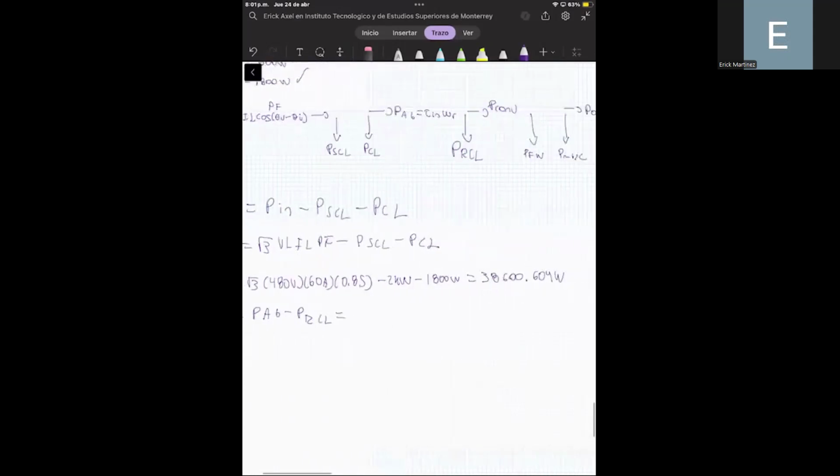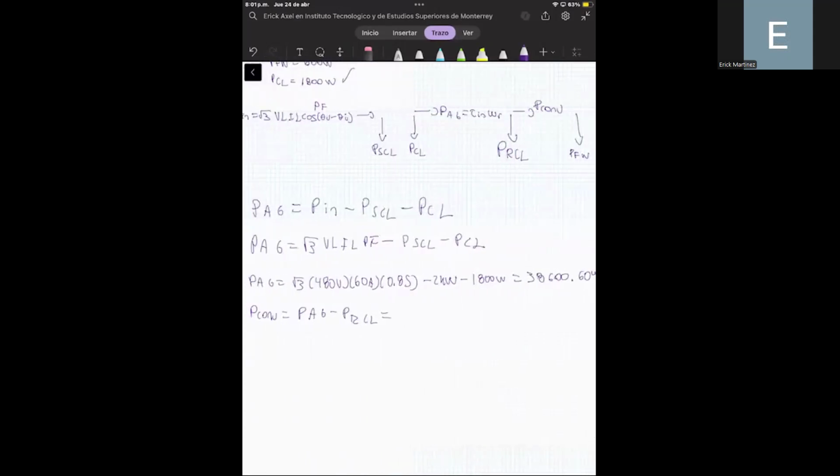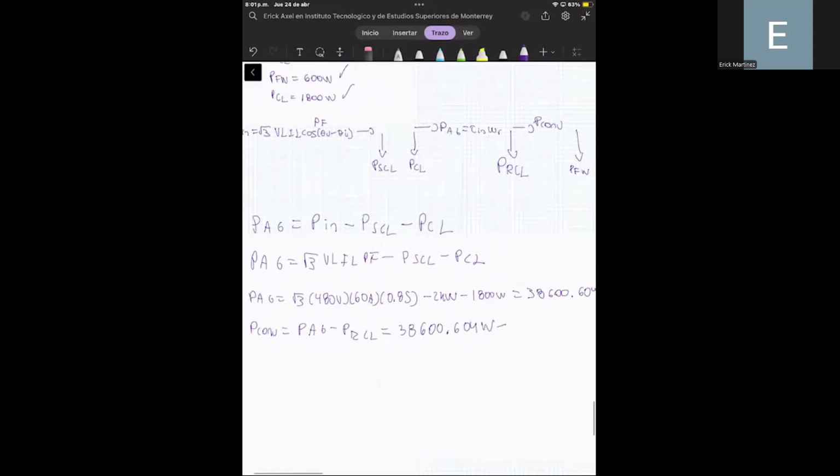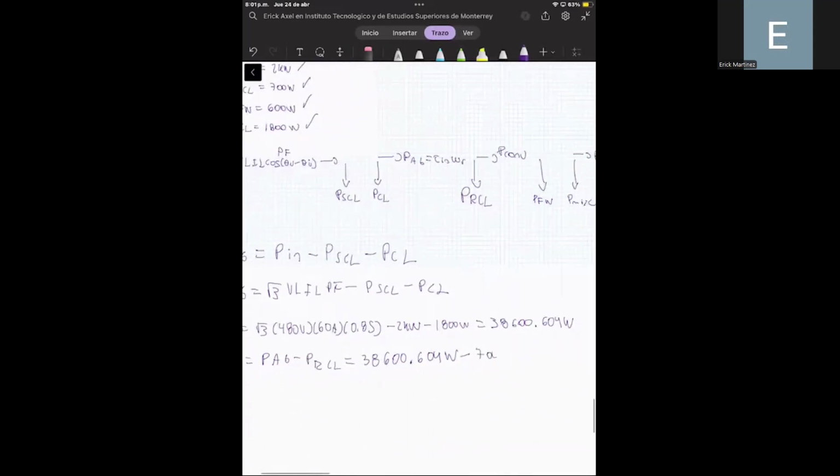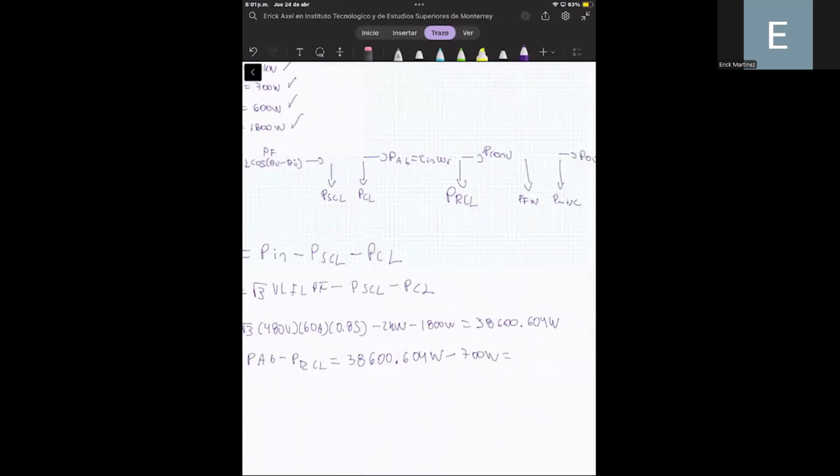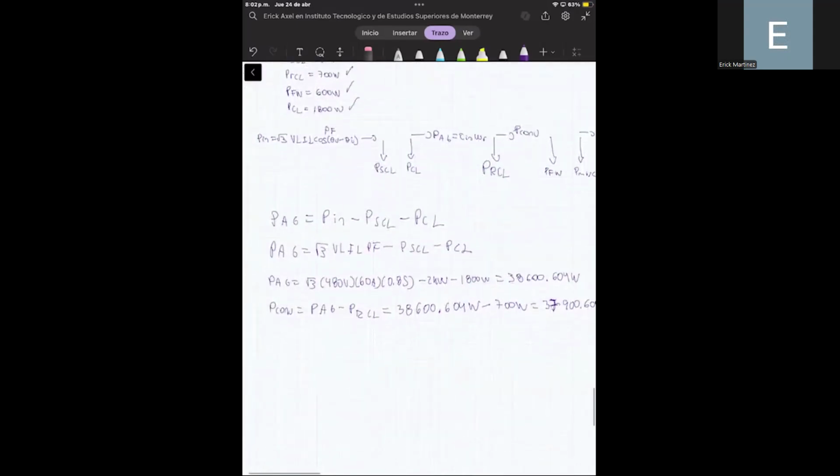So the converted power is 38,600.64 watts minus the rotor copper losses, which according to the problem are 700 watts, and this is equal to 37,900.64 watts. So this is the converted power.